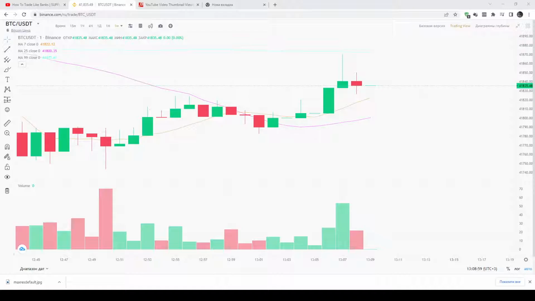In contrast to drawing supply zones, the candle you are drawing the demand zone from must be bearish. If it is bullish, you need to go back and locate the nearest bearish candle before the move up and draw your zone from here.